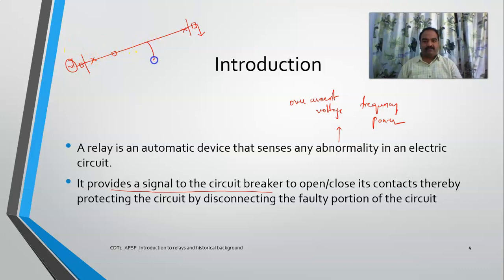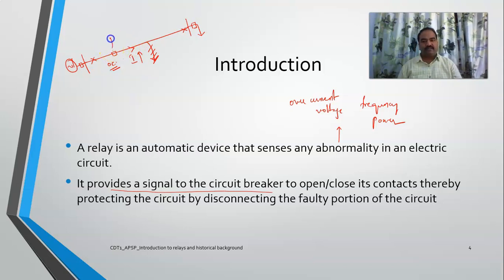So let us suppose a fault has occurred here, resulting in a heavy current, so the current I has suddenly increased. If you employ an overcurrent relay here, then automatically it senses that the current is very high. So immediately it sends a signal to the corresponding circuit breaker, depending upon your connection.